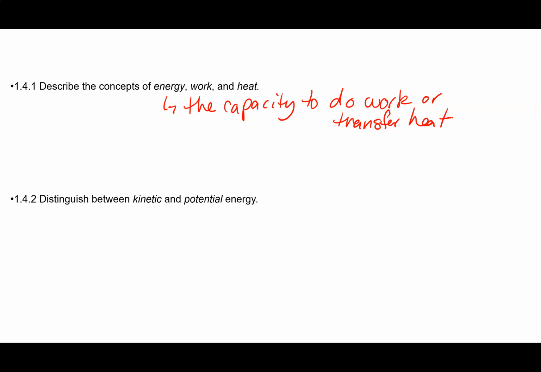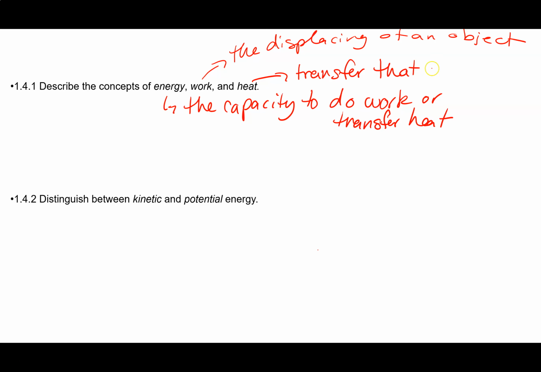Work is something we talked about in several chapters this semester, but essentially work is related to the displacement of an object, whereas heat is more a transfer that causes a change in temperature.